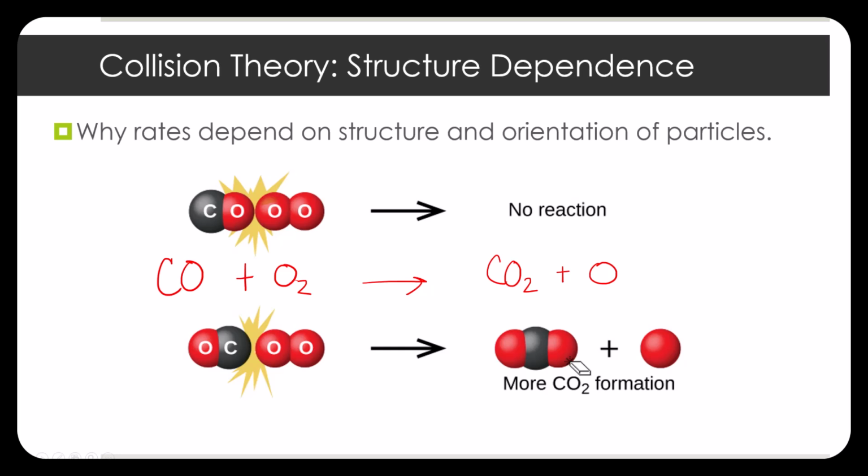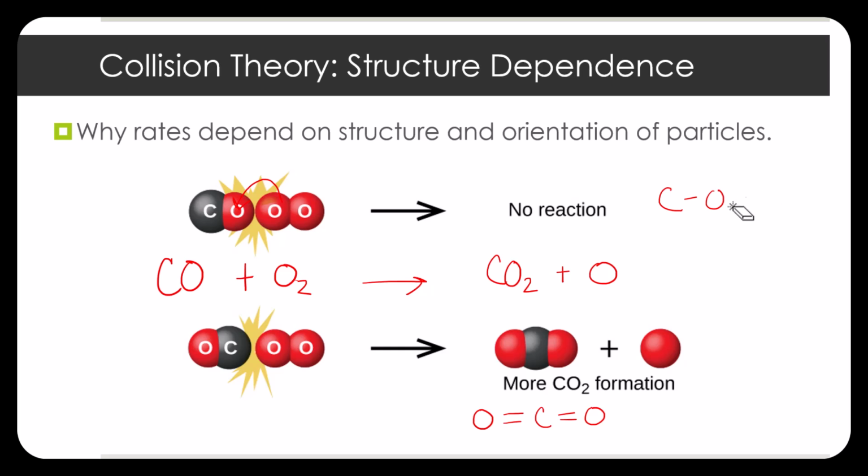If I look at the chemical structure of the CO2 that forms, it's oxygen, carbon, oxygen. If these two molecules, the carbon monoxide and oxygen, were to collide, and the oxygen from O2 were to come into contact with the oxygen from carbon monoxide, we would not have a reaction. That collision would result in something that looks like this, and that's not the carbon dioxide we're looking for.